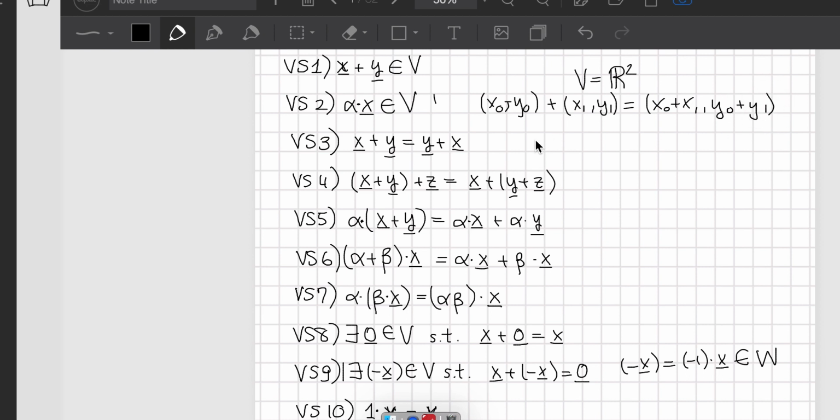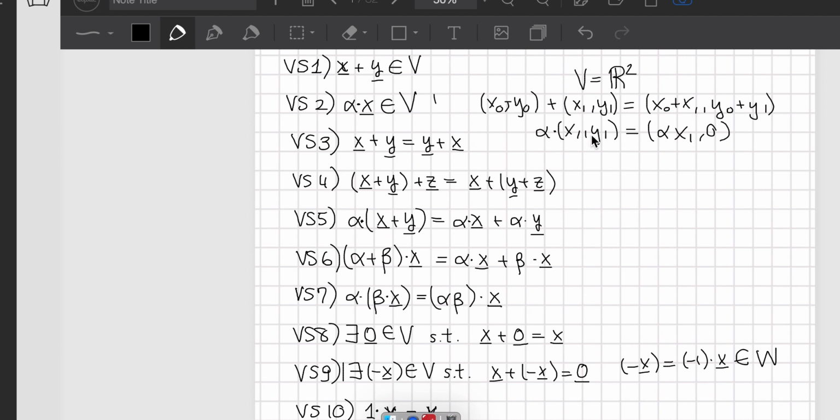Fair enough. But now I define scalar multiplication as this. I take alpha times (x1, y1), and this is equal to (alpha x1, 0). Okay, this is how I define scalar multiplication. So this is not a vector space, you can prove it, exactly because VS9 is not true.